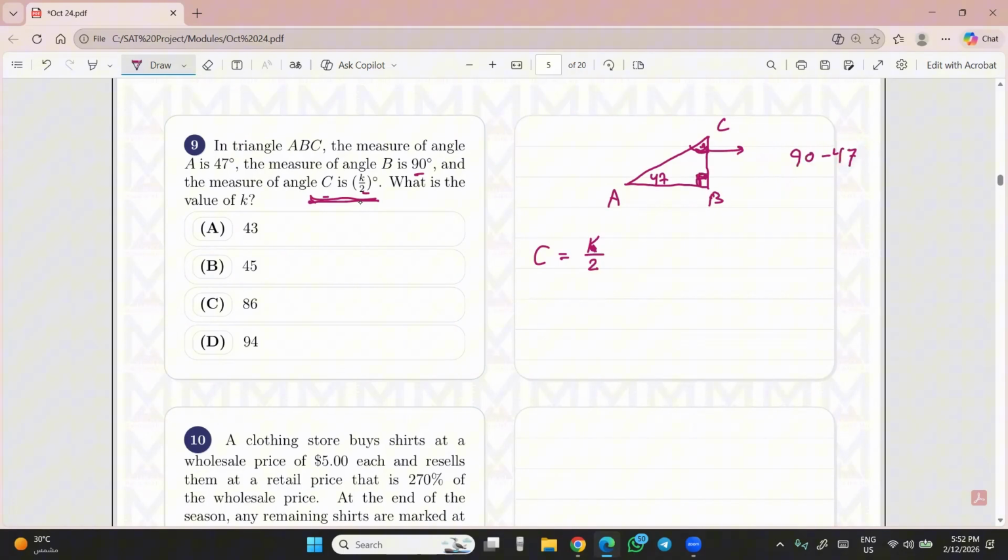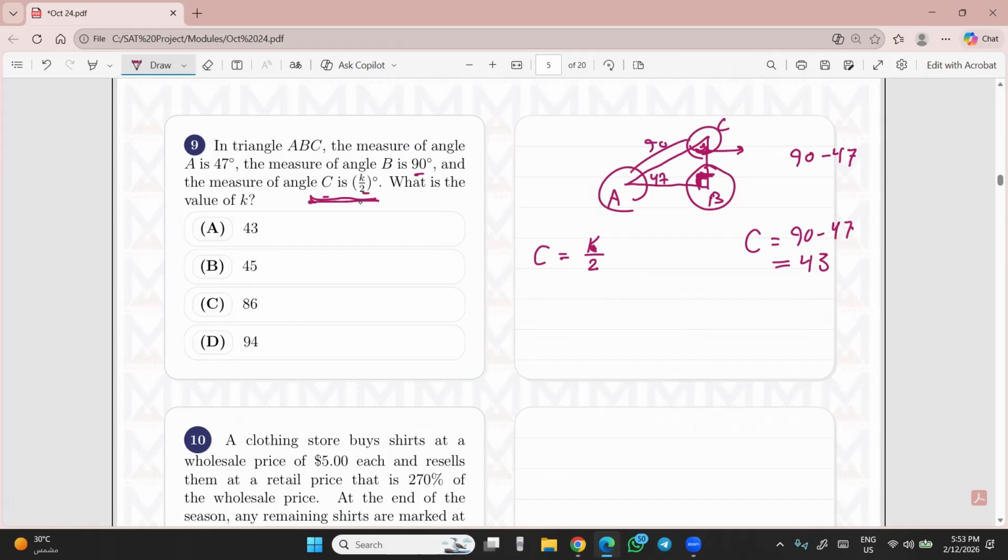Because the measure of B is 90 degrees, these two together make another 90 degrees. Because the total is 180, one of them is 90, so both of these together have a total of 90 also. So no need to mention 180 here, just say, if you want to get angle C, you say 90 minus 47, which gives us 43.